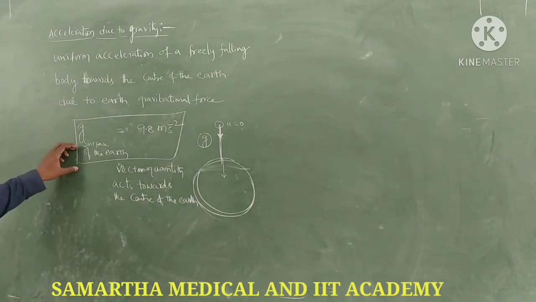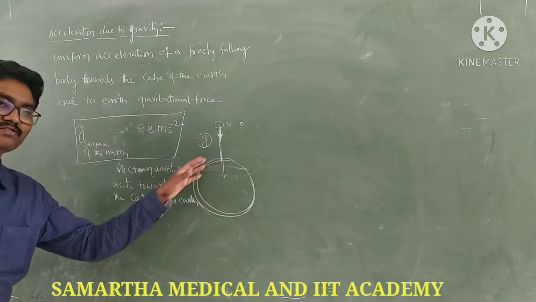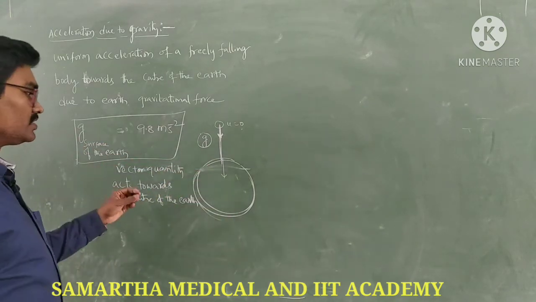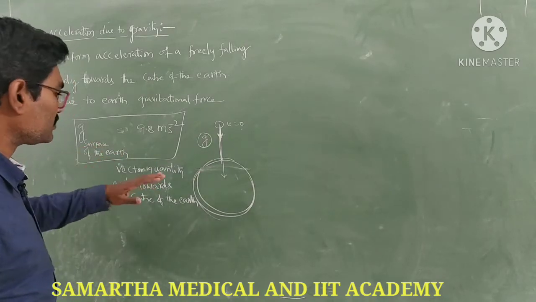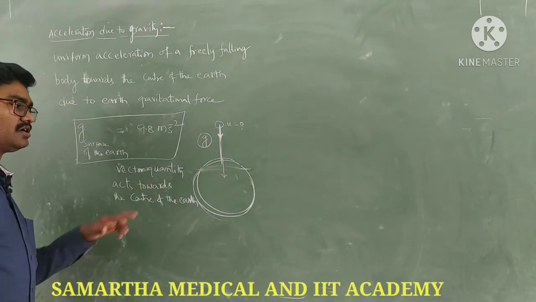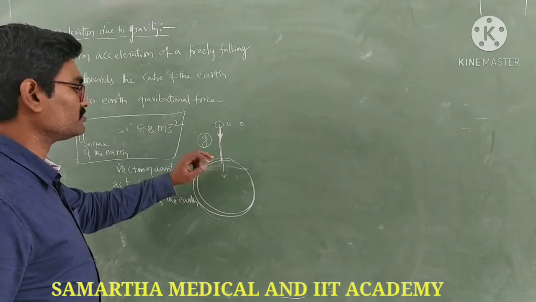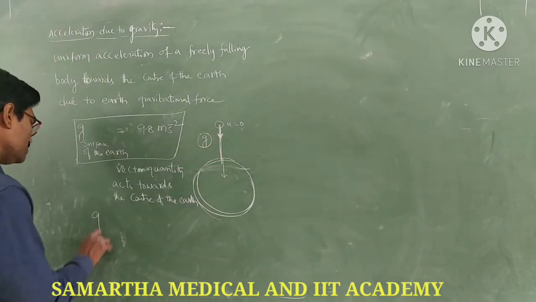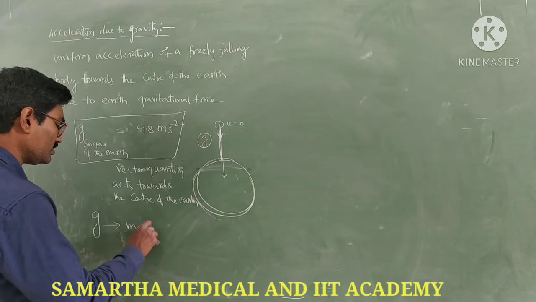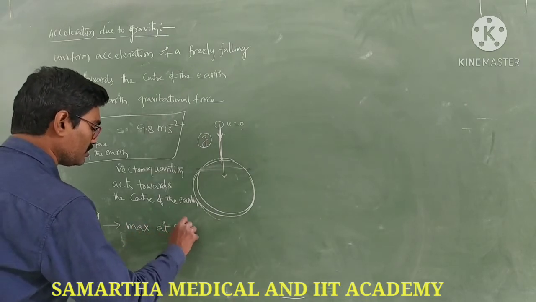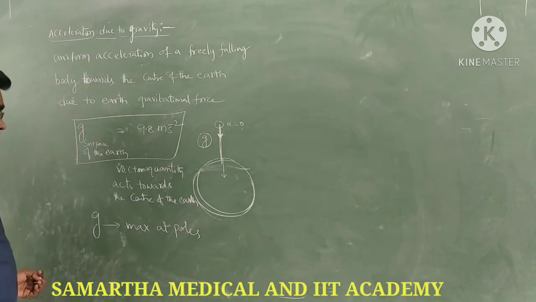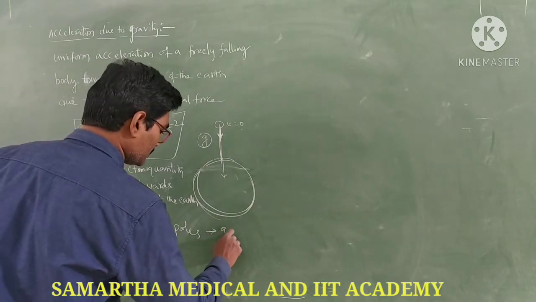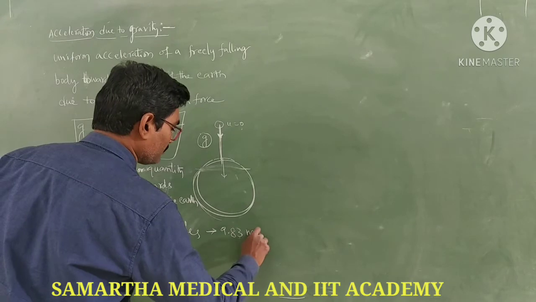Right. The g value is different at different places, even on the surface of the earth. If you observe the acceleration due to gravity at the poles and the equator, they are not the same. At the poles g is maximum, around 9.83 meter per second square.